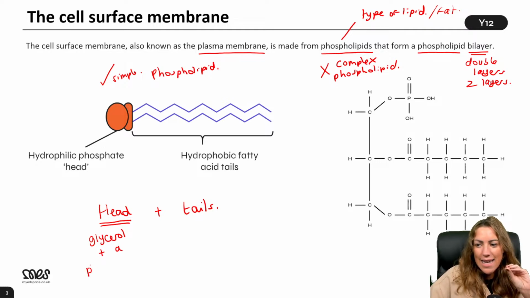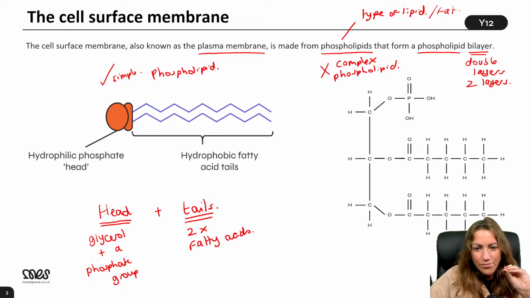Glycerol and a phosphate group. And the tails, there are two tails, okay? And they are both fatty acids. So the head is the glycerol and the phosphate, and then we've got two fatty acid tails coming off of it.